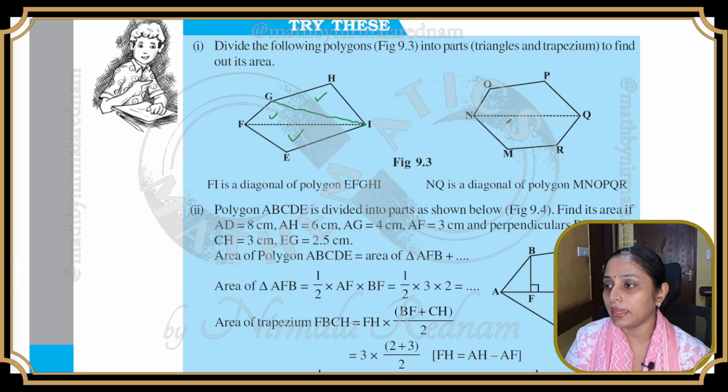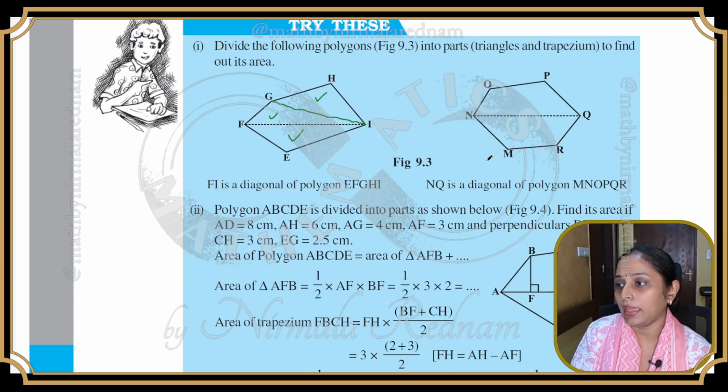So here again, if you look at this, this is a hexagon. There are 6 sides over here, and we want to segment it in order to find the area. You can see that only NQ is not going to help us. I need some more segments. So if I join O and Q and M and Q, this is one method.